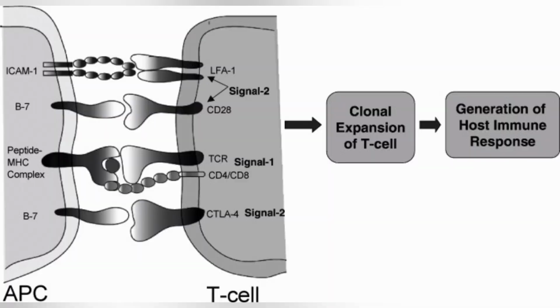There is also a second interaction between these cells. There is a protein present on the T cells called LFA1, and this LFA1 protein will bind with the ICAM1 protein present on the surface of the antigen presenting cells. So LFA1 and ICAM1 interact with each other, and this is the second interaction between the macrophages or antigen presenting cells and the T cells.